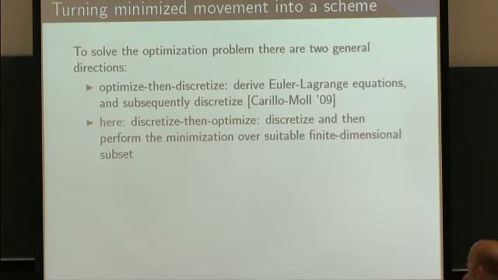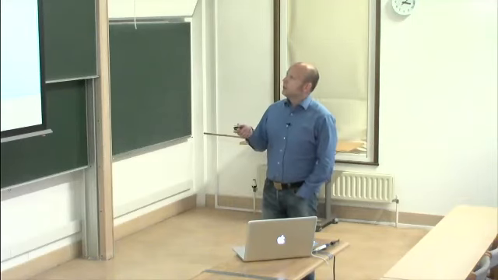So to solve now this optimization problem, there are two general directions. Of course we were not the first to think of turning that into a scheme. However, our approach, I think, is the first for a fourth order equation, and it's also quite different from the existing ones. One idea would be to optimize first and then discretize.